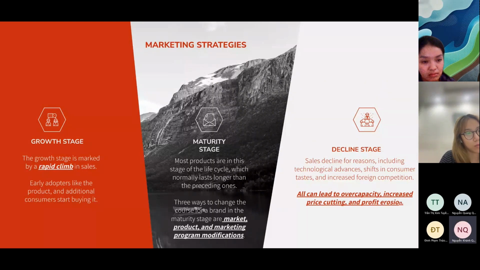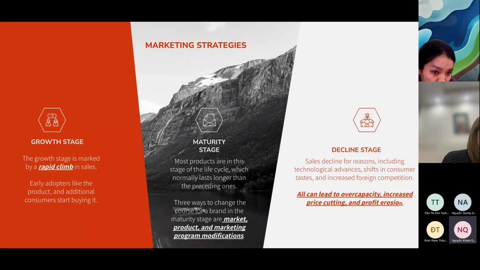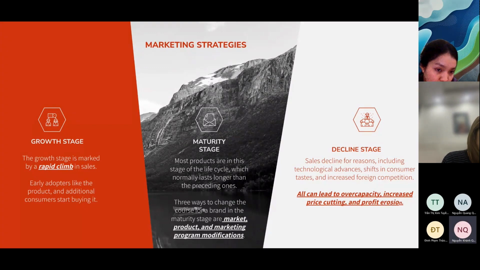In the final stage, decline, sales decline for a number of reasons, including technological advances, shifts in consumer taste, and increased foreign competition. All can lead to overcapacity, increased marketing, and profit will decline. As sales and profit decline, some firms will go bankrupt or withdraw. Those remaining may reduce the number of products they offer, exit smaller segments and weaker trade channels, cut the marketing budget, and reduce the price of products.